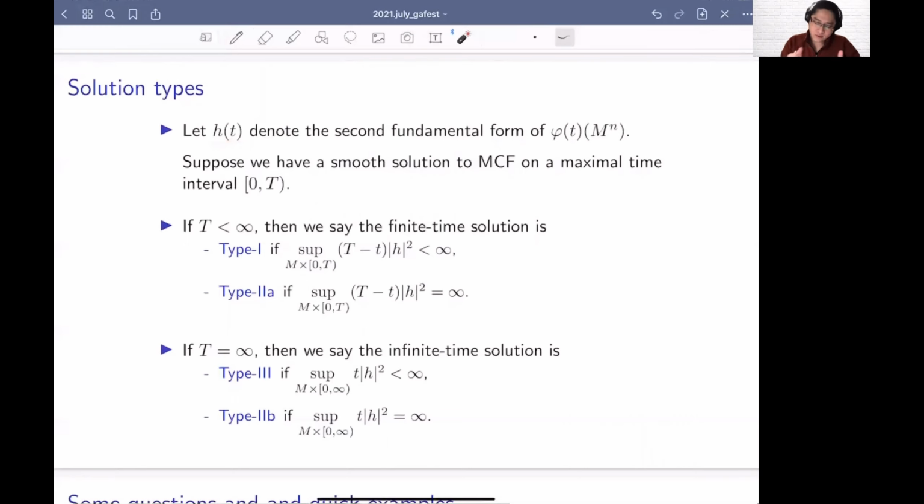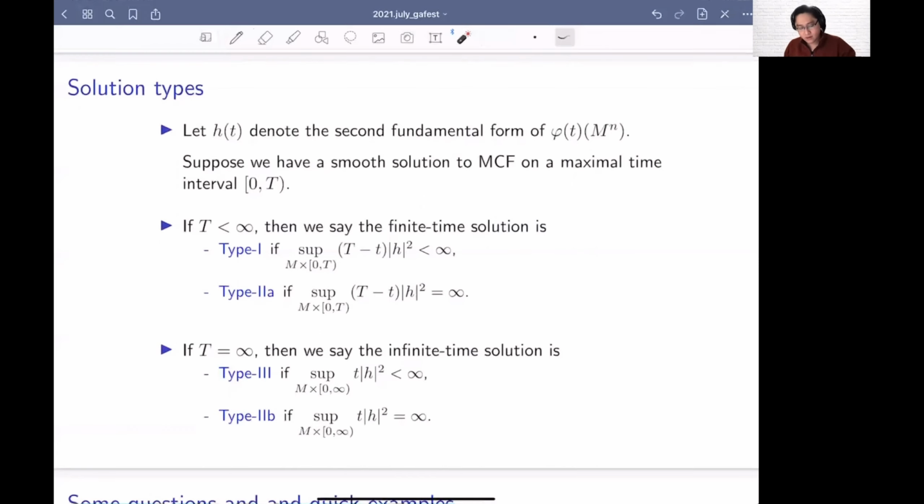Suppose we consider a smooth solution that exists on a maximal time interval 0 to capital T. If capital T is finite, so we have a finite time maximal solution, then we say this finite time solution is type I if the supremum of the second fundamental form blows up at the rate of square root of 1 over (T minus t), as given here by this definition. And we call it type IIa if the blow up rate is faster.